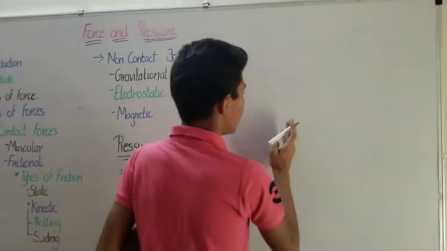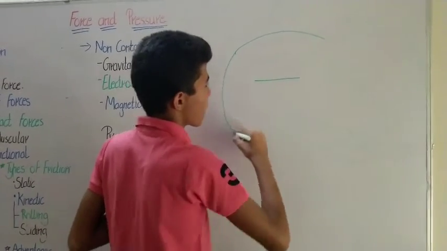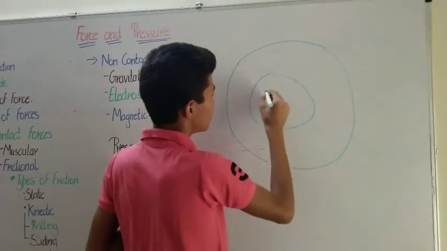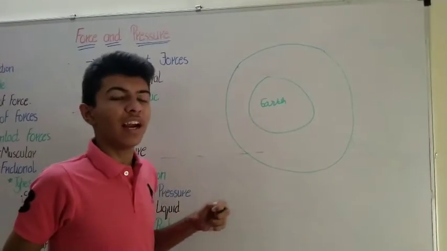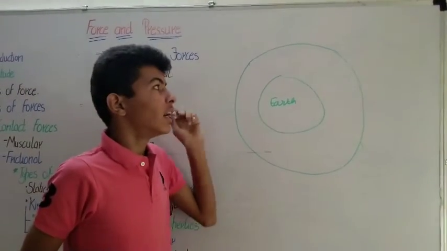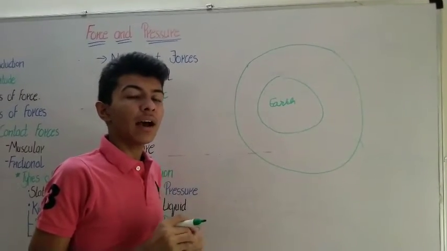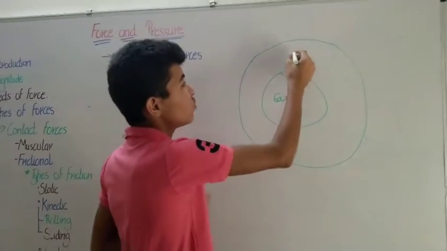Let's say this is the earth, and we have an atmosphere. We know that air is matter, and matter has weight and has molecules. So air has weight.